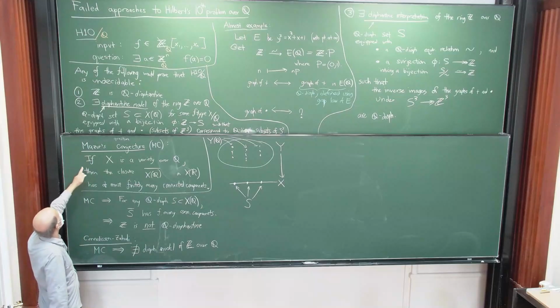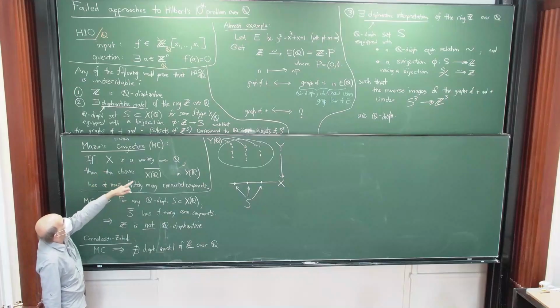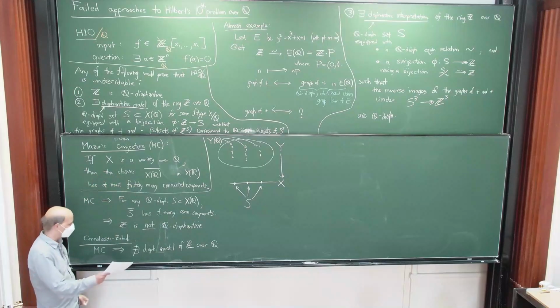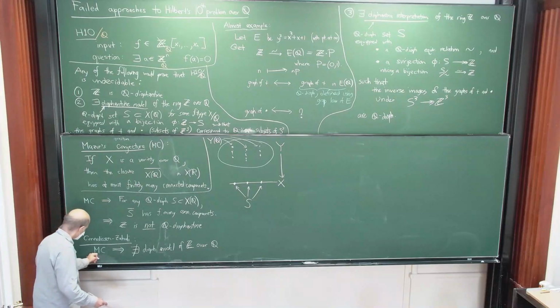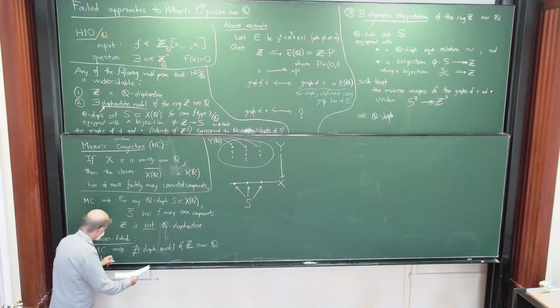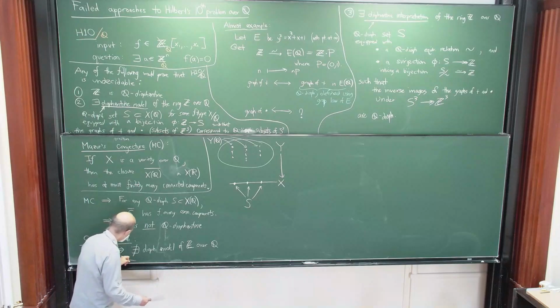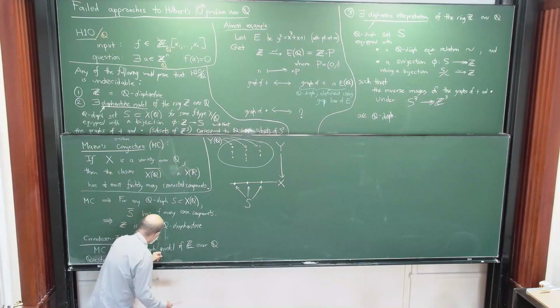So Mazur killed off approaches 1 and 2, if you believe this conjecture. So there's still approach number 3, and so the natural question is: does the Mazur conjecture imply that there also does not exist a Diophantine interpretation?